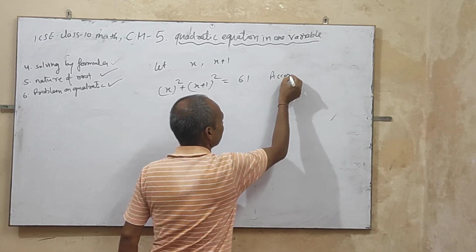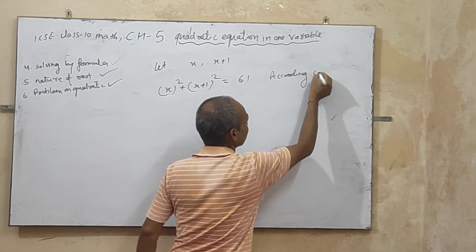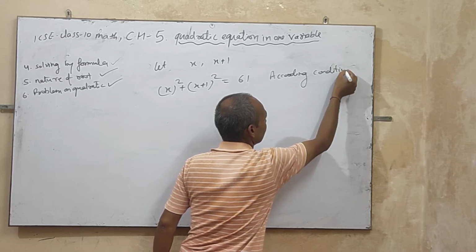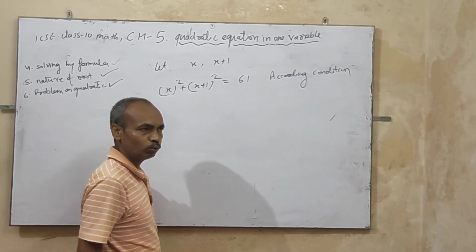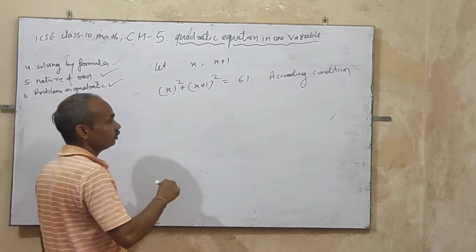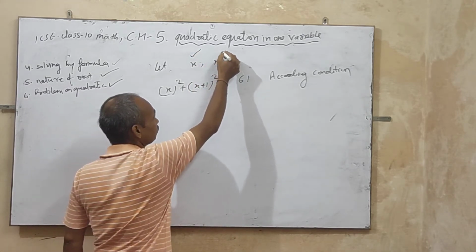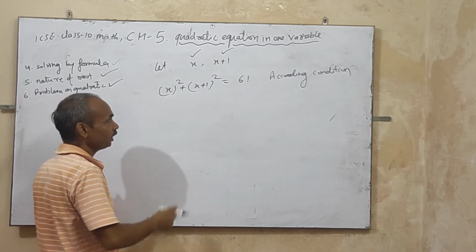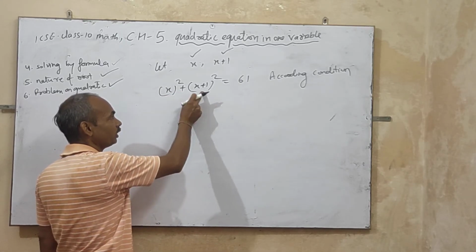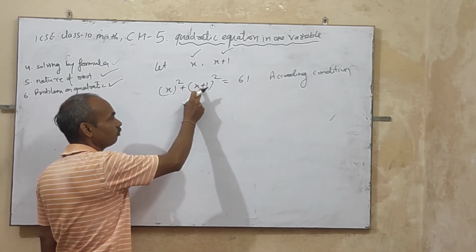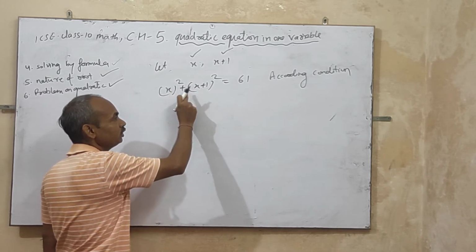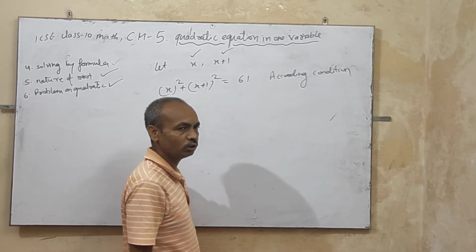This is the condition. Find two natural numbers in sequence. Let the natural numbers be x and x plus 1. The sum of the square of the first and the square of the second is 61. It is told in the condition.